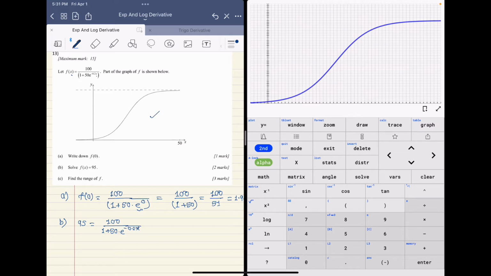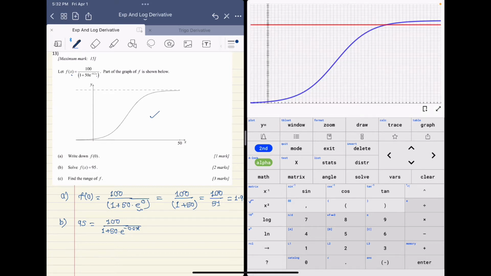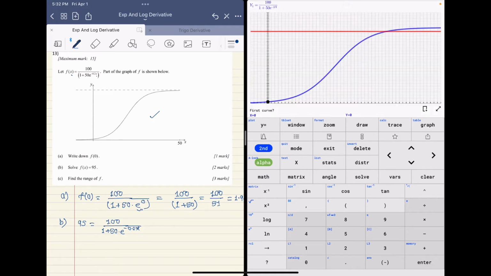But they said equal to 95. So again you go in graph, and equal to means what? You type y2 as 95. And again you plot the graph. You can see the 95 line is intersecting the f of x curve at one position, and we want to find out that value. So we will use second trace and intersect.